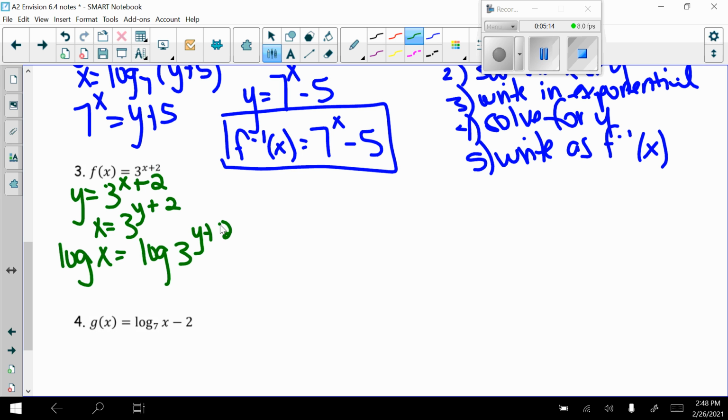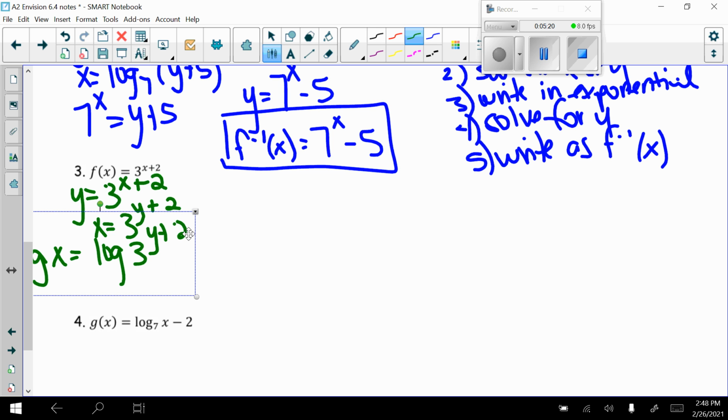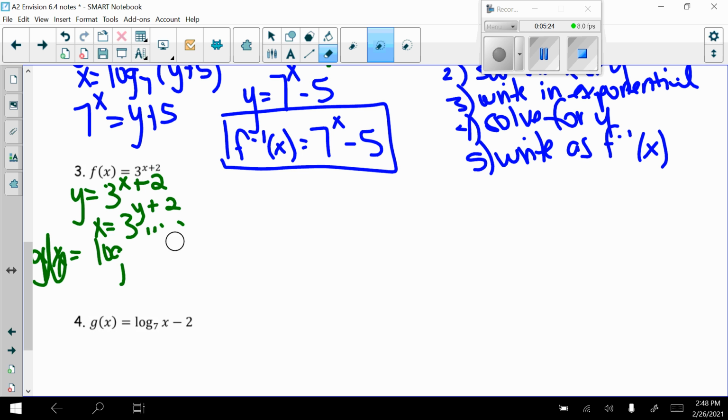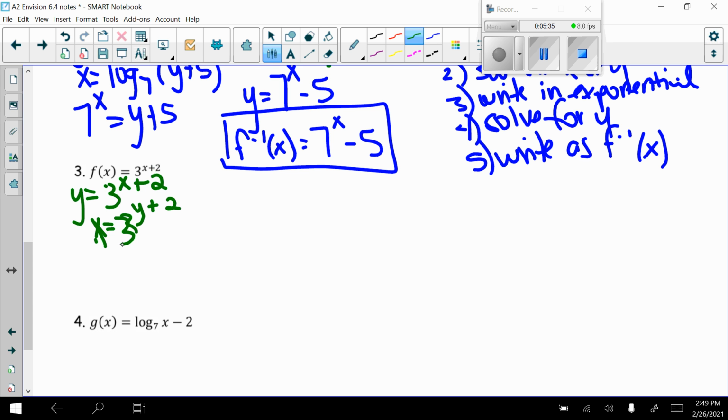Now we haven't talked about our properties of logarithms yet. Okay? So instead of saying the log of both sides, what we can do here is just write this as a logarithm. Instead of taking the log of both sides, we can change this to a logarithmic function. So if I change an exponential to a logarithm, remember this is going to say log base 3 of x equals y plus 2.